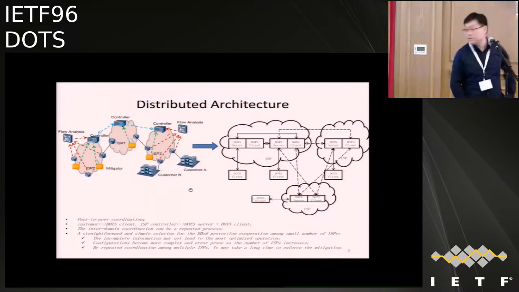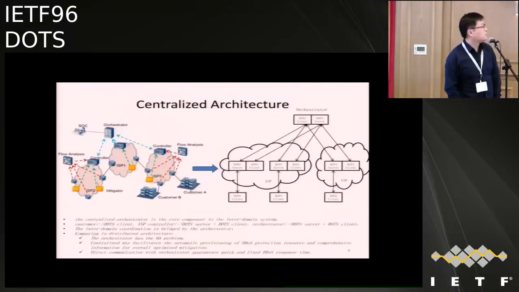And next page. Another possible architecture is that we have a centralized, we can call it orchestrator or coordination center, which means that all the operators have the direct relation with this centralized orchestrator. So every operator registers its resource, its capacity to this coordination center, and when anyone needs help, it just sends its request to this center.